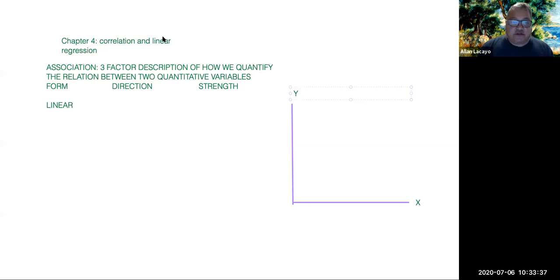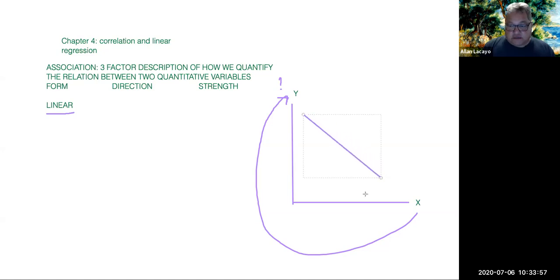And usually we're interested in using x to explain y. And this explanation has a form. And when the form is linear, what we mean is that a particular pattern is obtained when we look at individual observations of data, such that data values encompass this particular form.